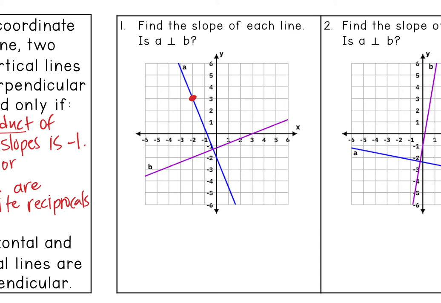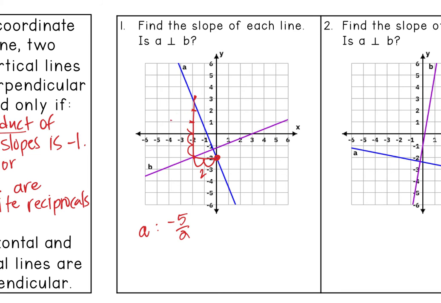And then again at the y-intercept, so 0, -2. So if I can make my triangle, and I'm going to count 1, 2, 3, 4, 5. So -5, 1, 2, 2. So the slope of line A is -5/2.